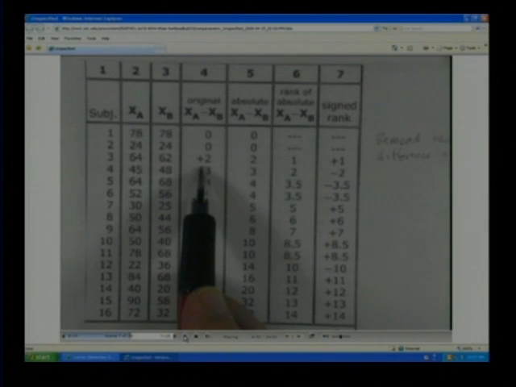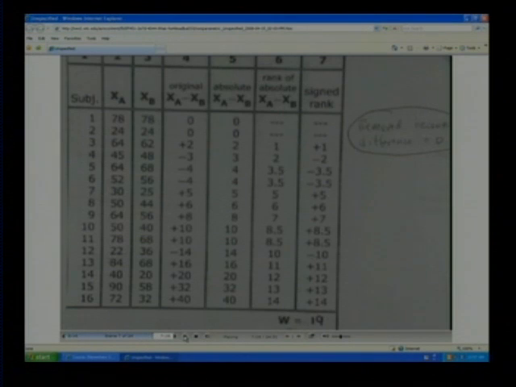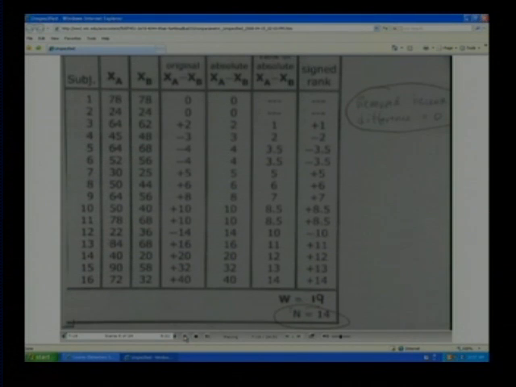In the Wilcoxon test, one of the things that we do is remove those results that have a difference of 0. So we actually collected 16 data sets, but the Wilcoxon is only going to use 14 of those because it does not use those that are tied.